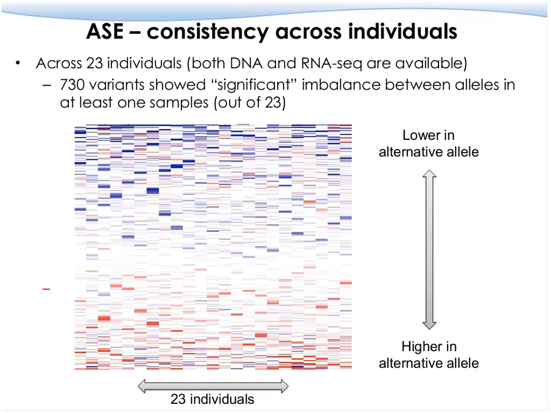Let me give you a very brief example that we have studied. This is a combination of DNA sequencing and RNA sequencing data of 23 individuals. In these 23 individuals, we identified 730 variants that showed significant imbalance between the alleles in at least one sample. So the blue part is lower expression in the alternative allele, and the red is higher in the alternative allele.